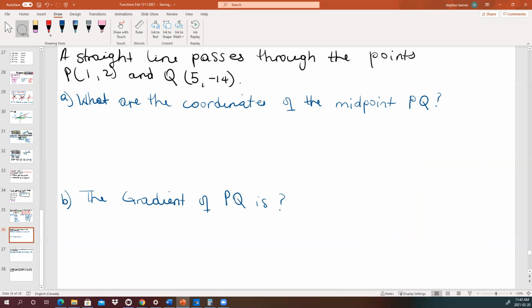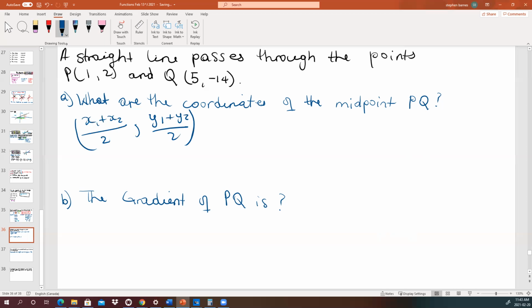So given that they give you the coordinates of P and Q, what are the coordinates for the midpoint of PQ? So the formula for your midpoint is going to be x1 plus x2 over 2, and then y1 plus y2 over 2.